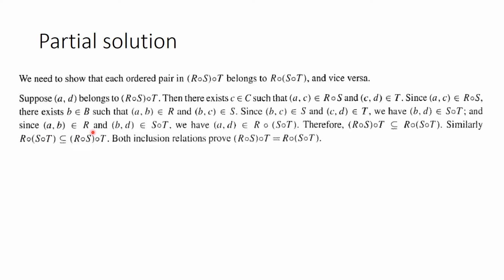And since (a, b) is in R and (b, d) is in S∘T, we have (a, d) is also an element of R∘(S∘T). So what we've shown is that this set is a subset of that set. Similarly, we have to show that the subset inclusion holds the other way, but both of those together will prove our assertion.